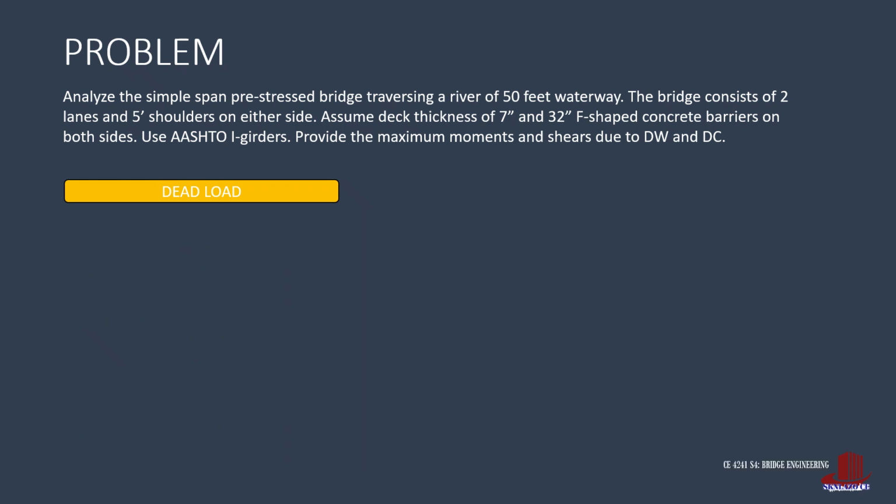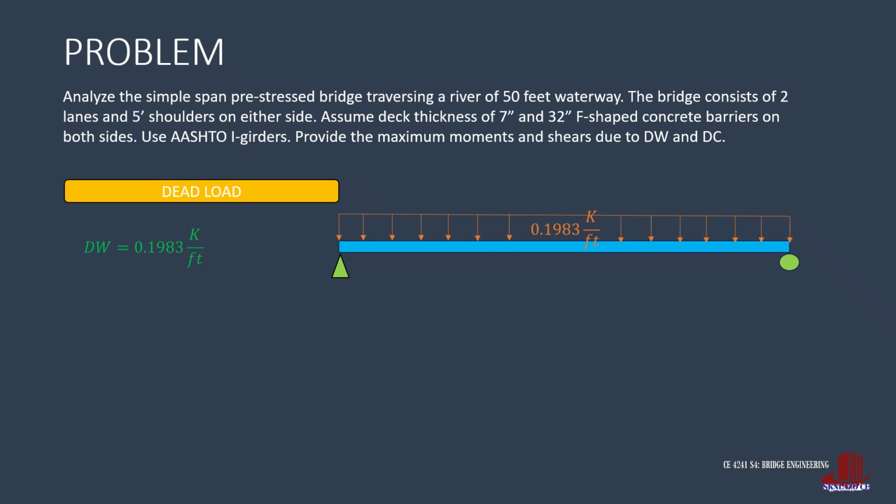To summarize the loads, DW was computed earlier as 0.1983 kip per foot along the stretch of the bridge. So the maximum shear is computed as the uniform load times the length upon 2. This is used for simple spans.